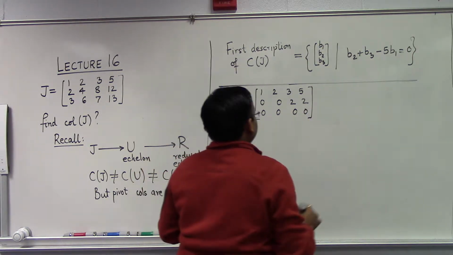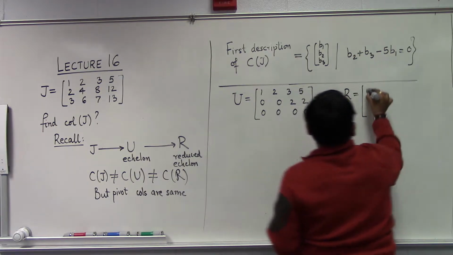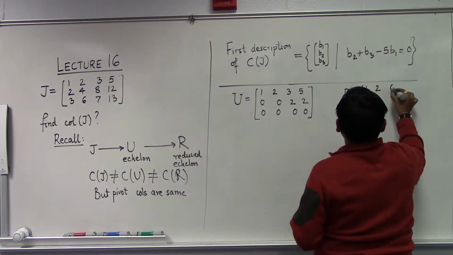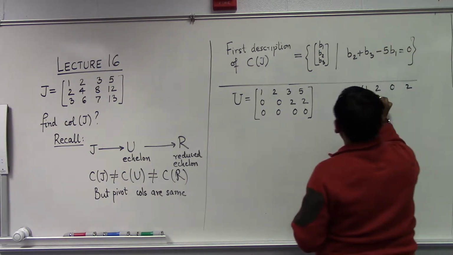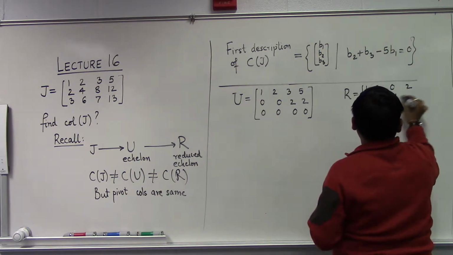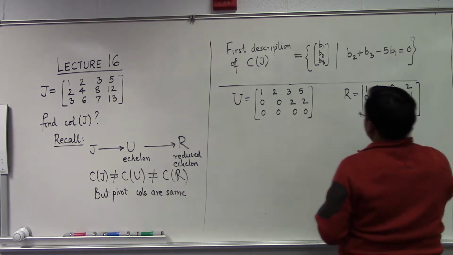And then we had also a reduced row matrix, which was 1, 2, 0, 2, 0, 0, 1, 1, 0, 0, 0, 0.